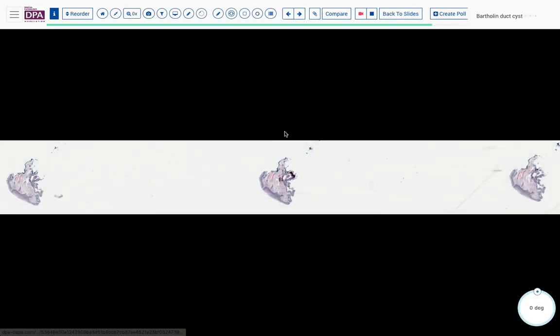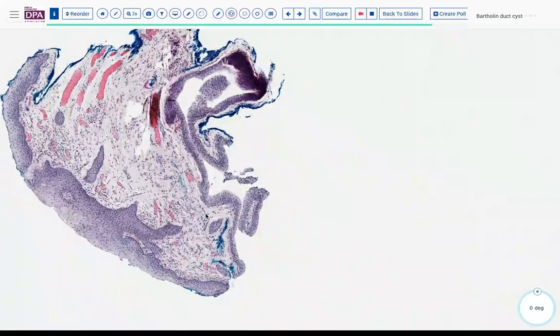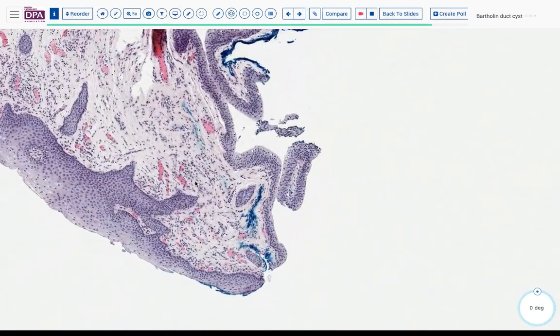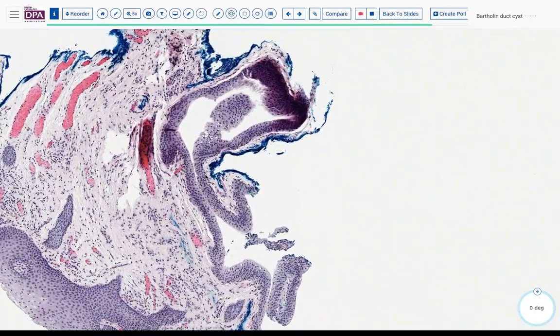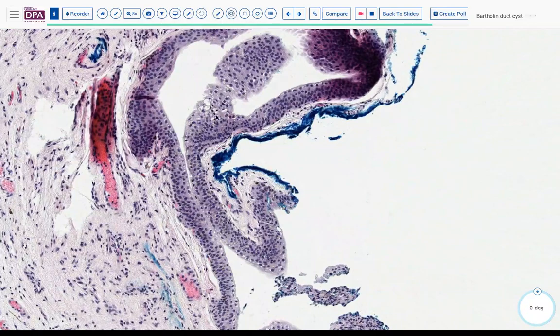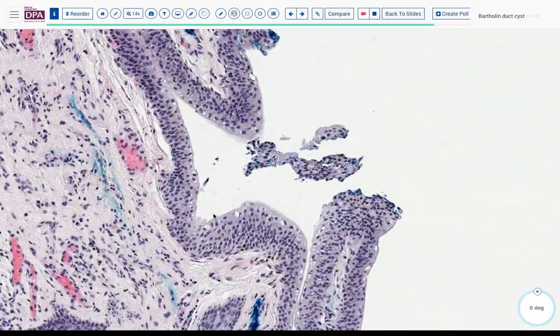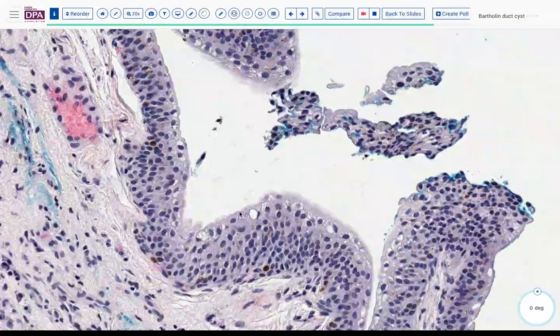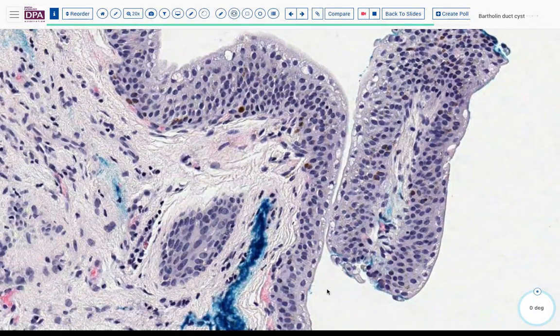Well, here's another example pulled from our files to show you a little bit more of how this lesion might appear. This, I'm not sure, was particularly a duct cyst per se, although it does look a little bit dilated. And here again, you see stratified, probably more squamous, maybe slightly transitional type epithelium. But I think you can see it's becoming a little bit more squamoid along the surface here.